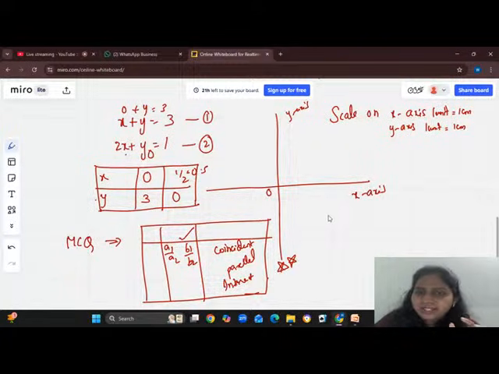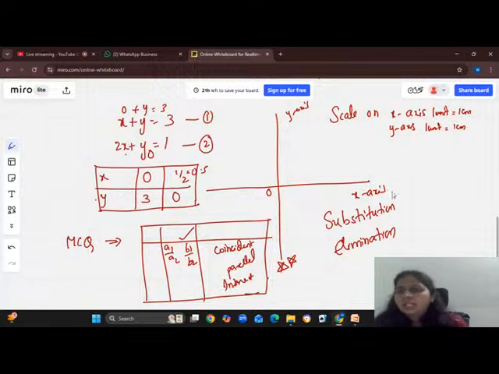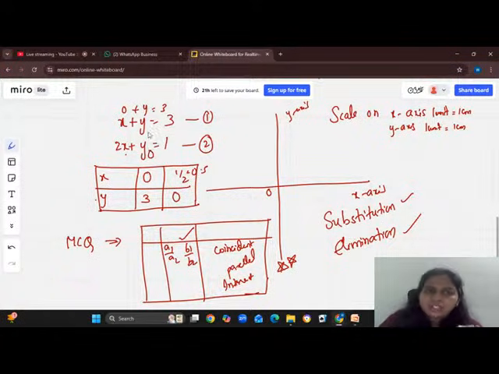And the last is, in linear equations we have 2 methods, substitution method and elimination method. You need to study these 2 methods. So what is substitution? Just you have to derive the y value from here. Y equal to 3 minus x.